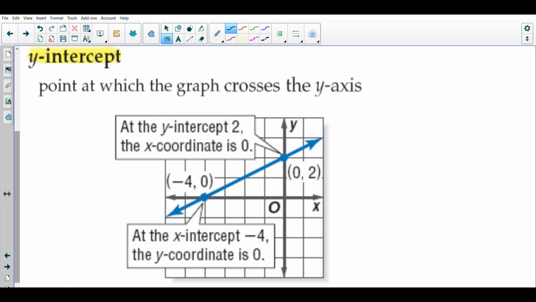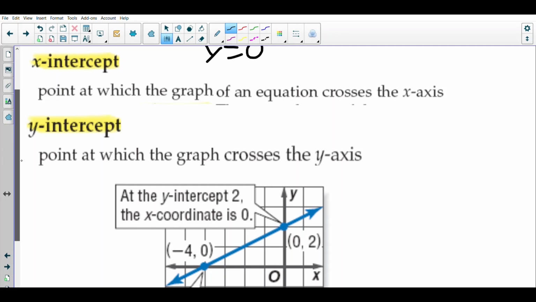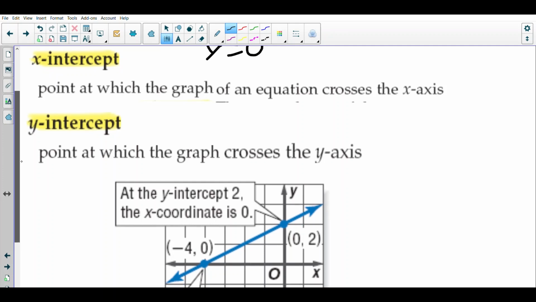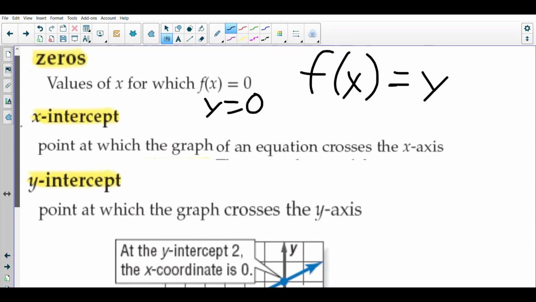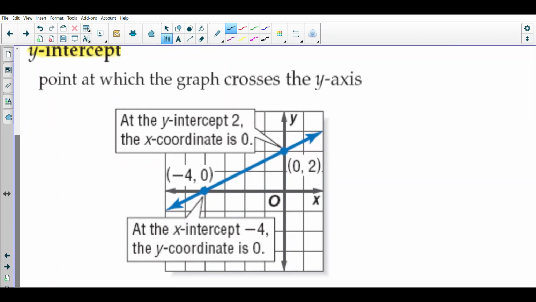And so if you do a little thinking here, the x-intercept is when it crosses the x-axis, and the 0 is when y is equal to 0. So in this example right here, the y-coordinate is 0, so y equals 0.